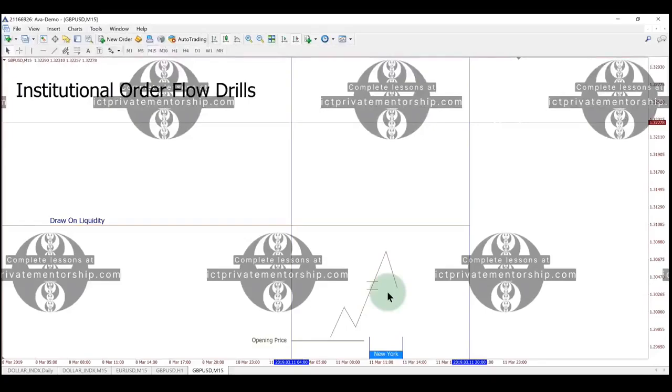Okay, so what you're going to do is see when price drops down into that inefficiency, look at the inefficiency and split it right in half. Whatever that inefficiency is, or fair value gap, divide it in half.